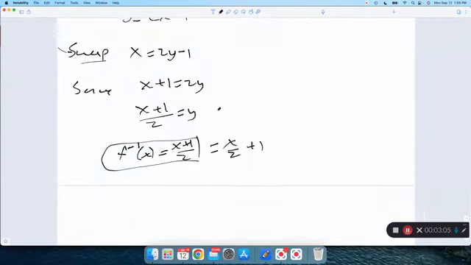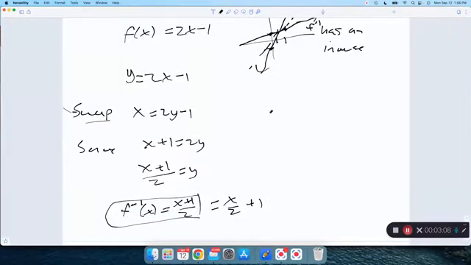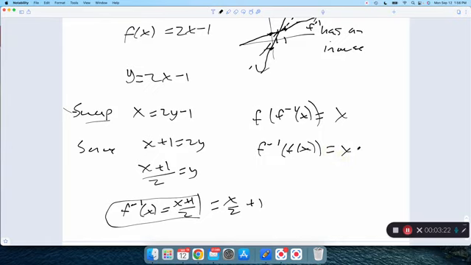And we could check and see that we, in fact, do have inverses. If we compose them, we need to check two things. We need to check that composing them this direction gives me x and the other way. So if I take this guy here and plug him in right there, take all of that, plug it into the x, if I find f of f inverse of x, f says take twice your input.